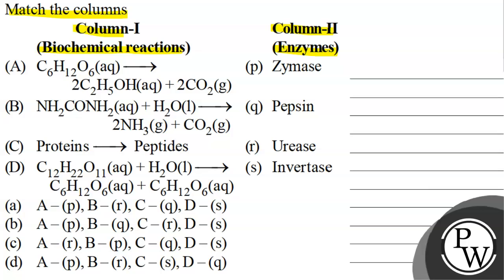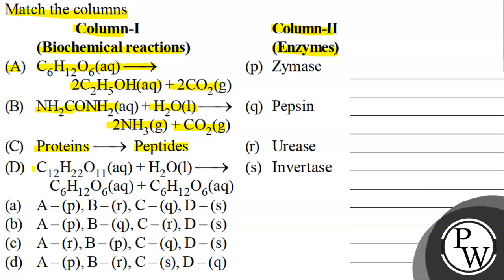So if we talk about column 1, A, glucose in aqueous state changes to ethanol plus 2CO2, carbon dioxide in gaseous state. B, NH2CONH2 in aqueous state plus H2O gives NH3 plus CO2. C, proteins gives peptides.